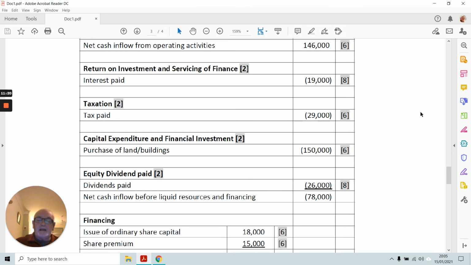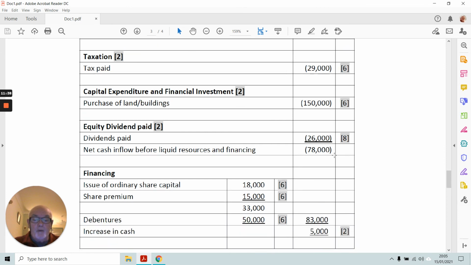Next subheading is capital expenditure and financial investment, and in the ordinary level, that's simply the purchase of land and buildings. And we saw earlier that we spent 150,000 on buying land and buildings, so that's a minus 150 there. We also saw that we paid €26,000 in dividends, so that's an outflow.